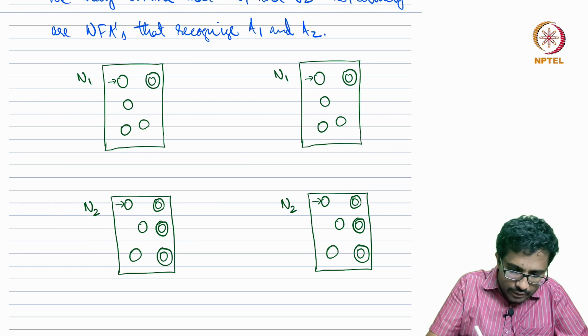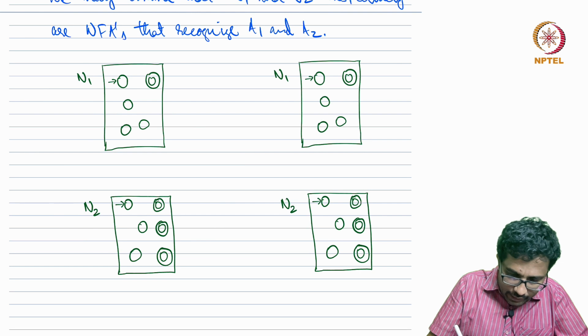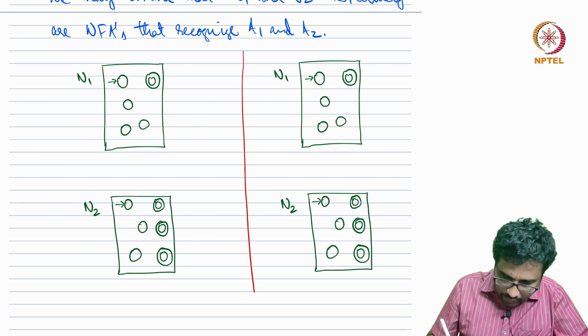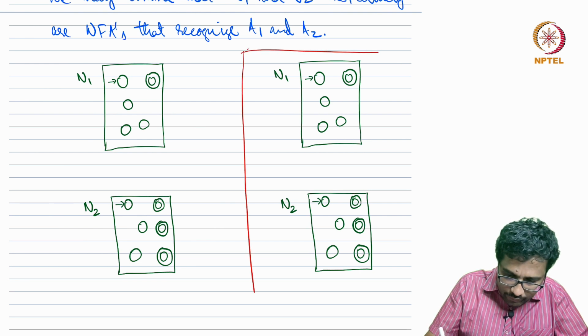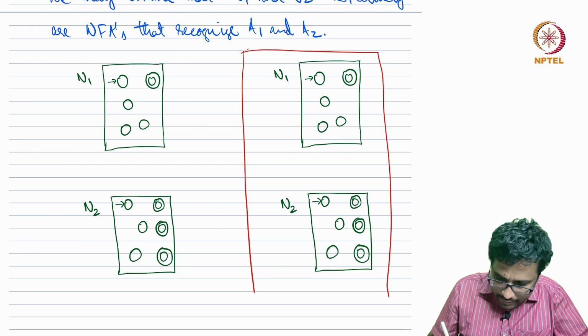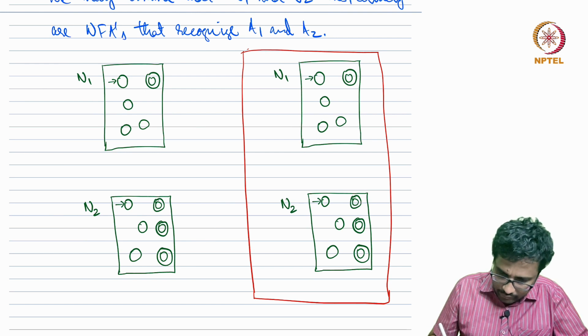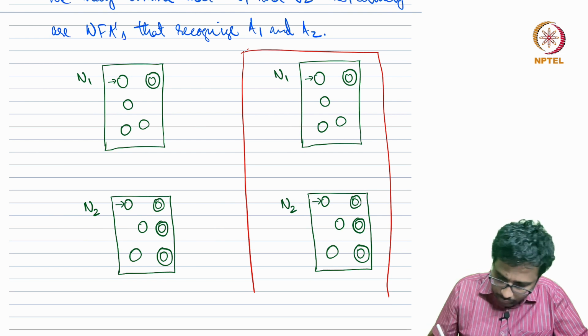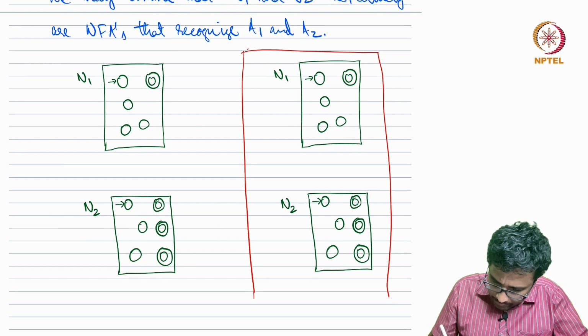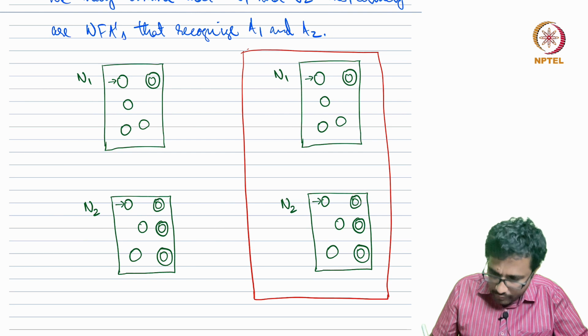So, what we will do is build an NFA that combines these two NFAs, such that the combined NFA will accept a string if and only if either one of the NFAs accepts the string.